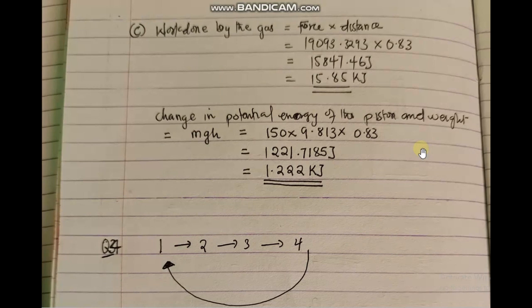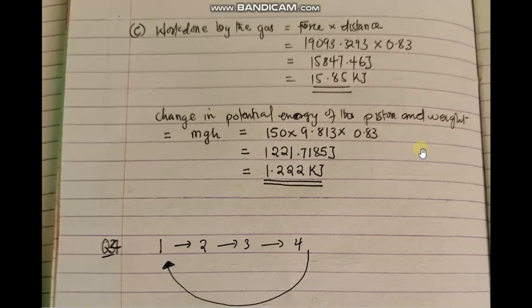Now the next part of the question says, what is the change in potential energy of the piston and the weight? The change in potential energy is equal to mgh, or is supposed to be mg times (h2 minus h1). But we know that h1 is 0. When you are drawing that one, the h1 will be 0, and then the final height is 0.83 meters.